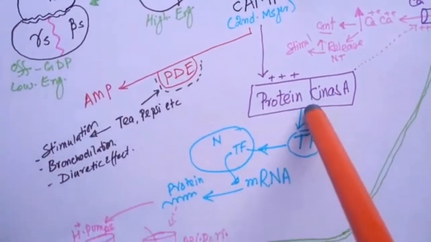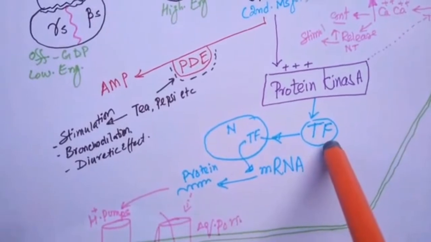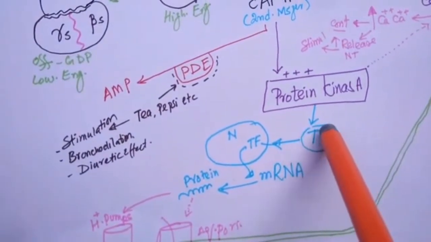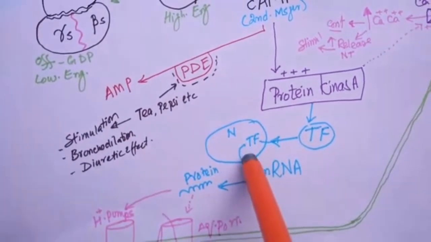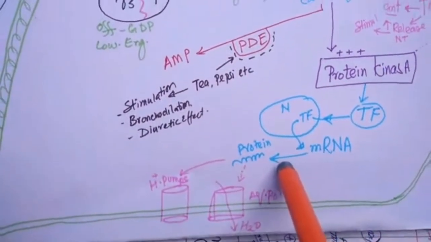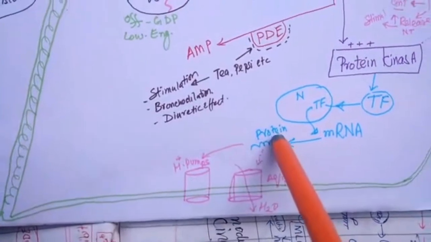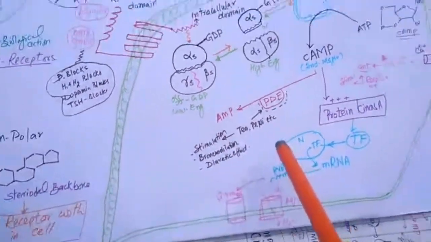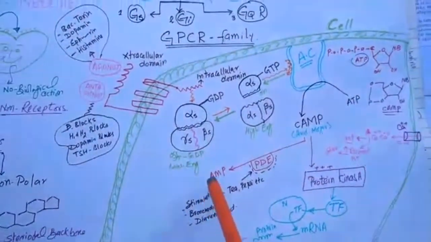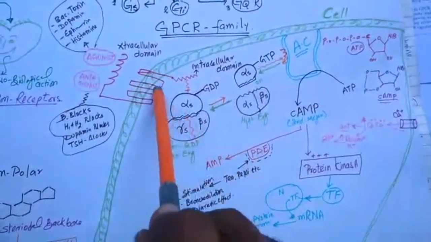This protein kinase also activates a transcription factor. This activated transcription factor internalizes into the nucleus. In the nucleus, it produces special mRNA forming special protein, and they are transplanted at the cell surface. This is what happens once the agonist binds with this GS receptor.